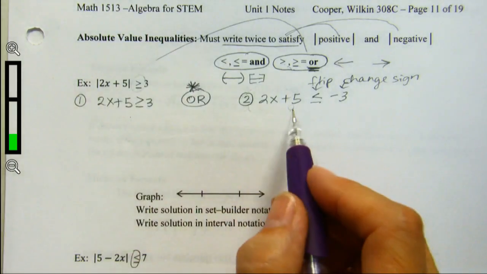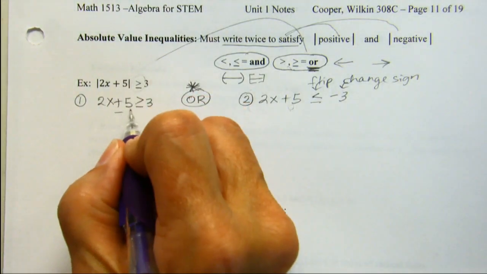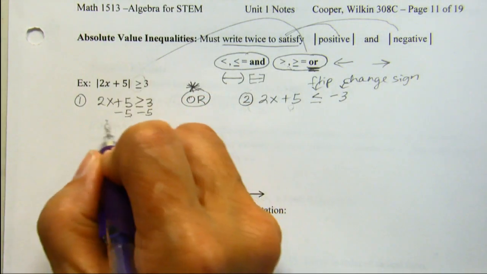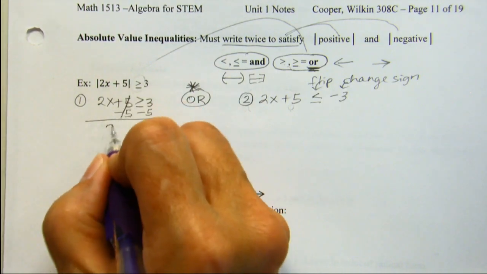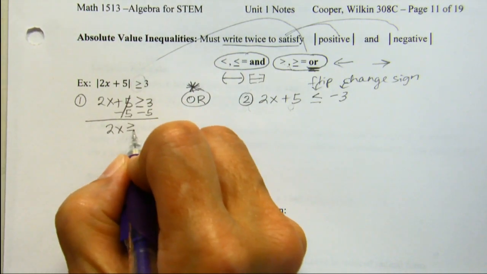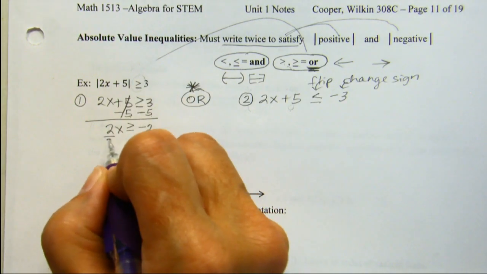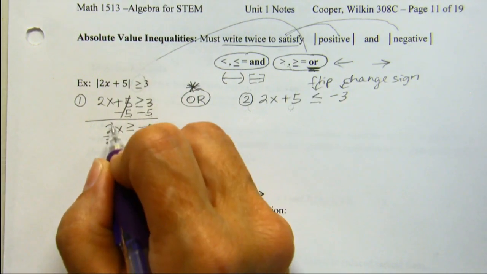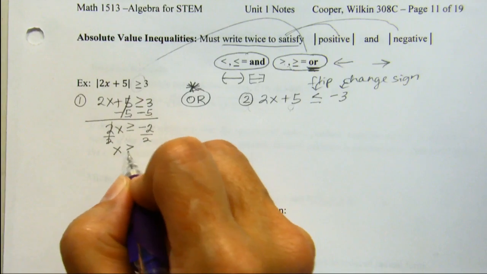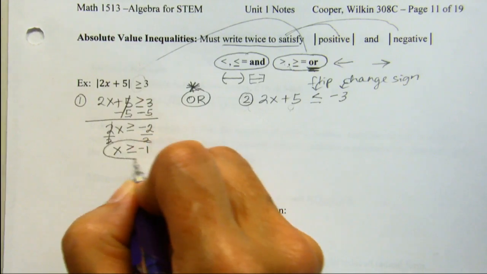And now let's simplify our inequalities. Subtract 5 on both sides. 2x is greater than or equal to 3 minus 5, which is -2. Divide by 2. x is greater than or equal to -1.